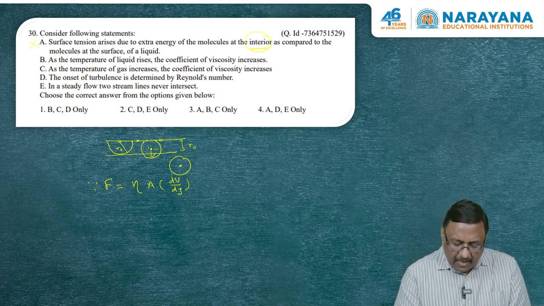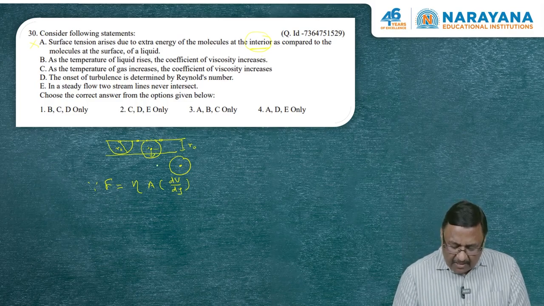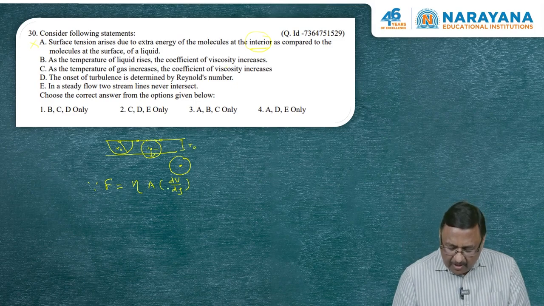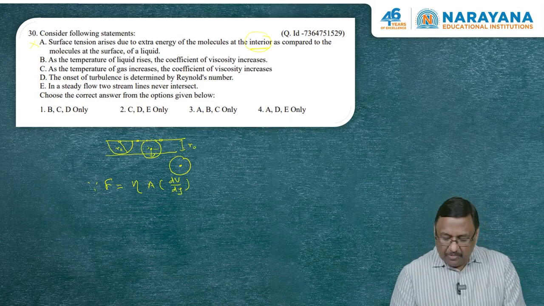Now the claim is, as the temperature of the liquid rises, the coefficient of viscosity increases. How can you say this? The moment I increase the temperature, dV upon dy is going to become a smaller quantity, because velocity will change more per unit change in length, since the molecules are moving very conveniently as I increase the temperature.